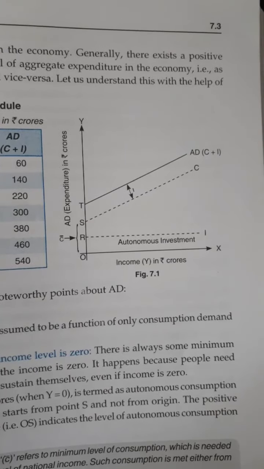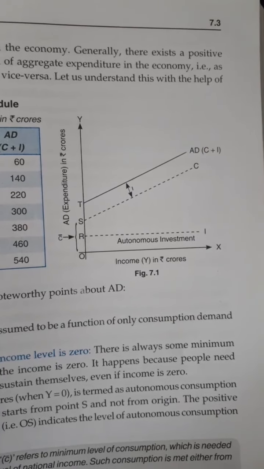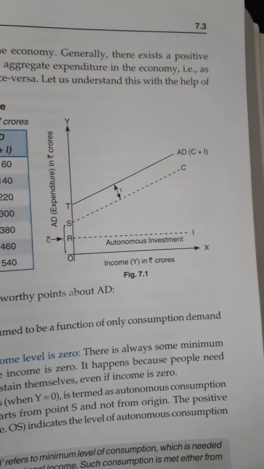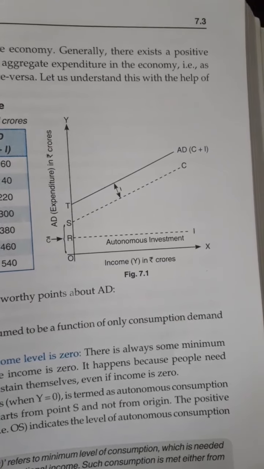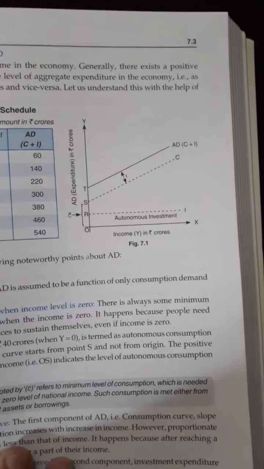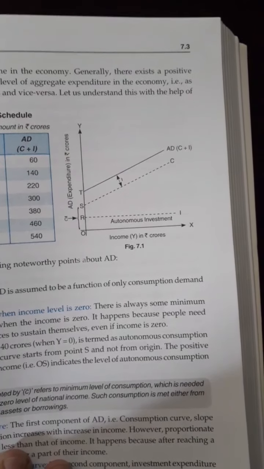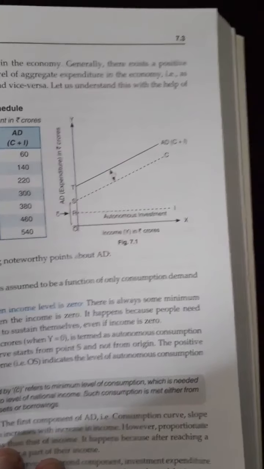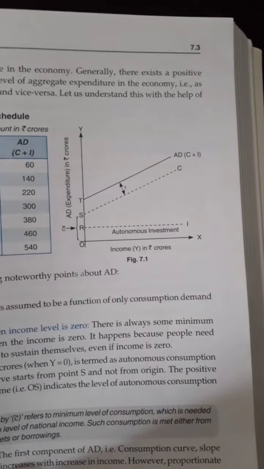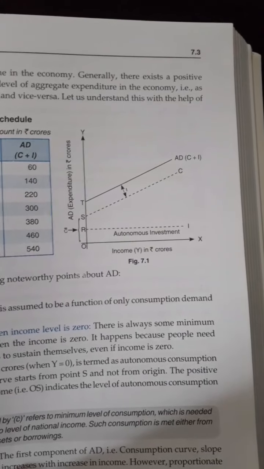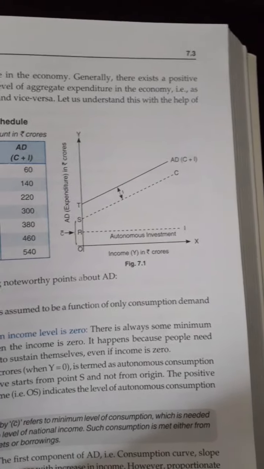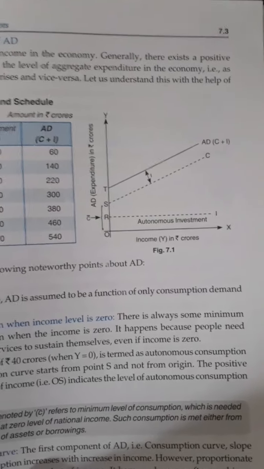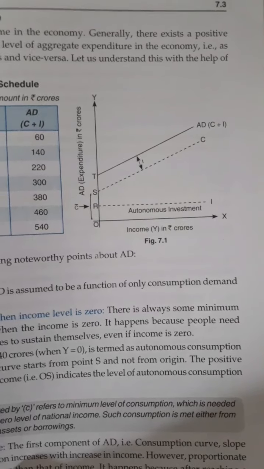It is clear that as the income is increasing, aggregate demand is increasing because of our consumption and our investment. And it will never start from 0. The AD curve will never start from 0.